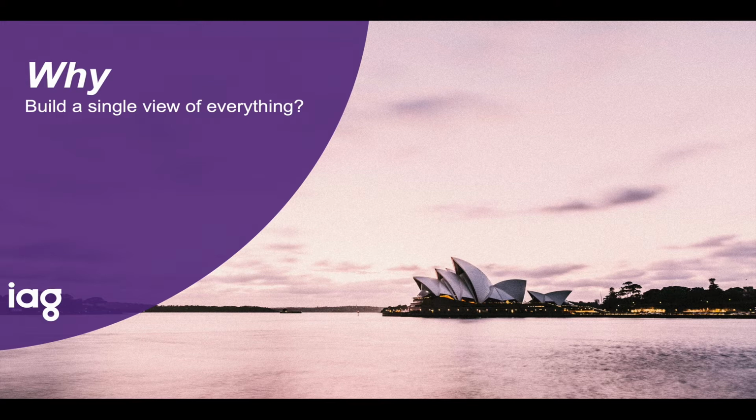So you can be a customer of NRMA who owns a house in Sydney, and you can also be a customer of CGU in Melbourne with a holiday home, and a customer of NZ Insurance in New Zealand with a farm on the outskirts of Auckland. And so we can see all the different people in those different aspects, in those different brands, but to understand the total picture of what they're doing across all of the different brands is quite difficult to do that matching process.